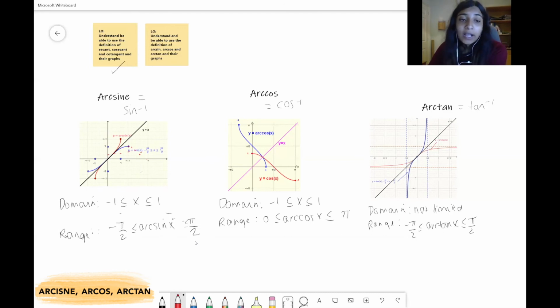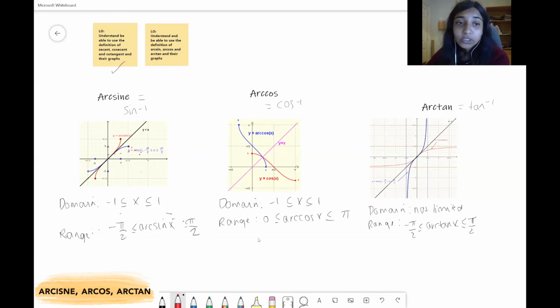And then your domain is just the range of your sine x, which will just stay between 1 and minus 1, because sine x never goes above 1 and never goes below minus 1. So your domain of arcsine x stays as minus 1 to 1.